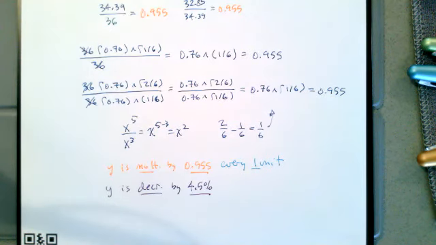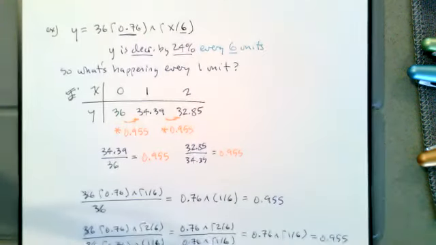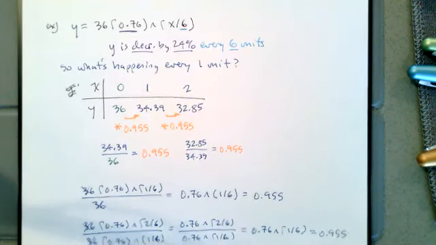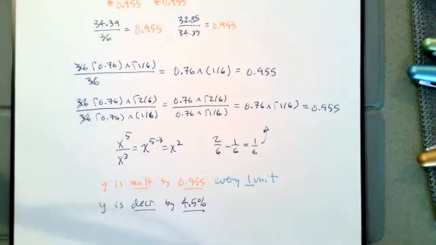It's slightly different than taking 24 and dividing it by 6. 24% every 6 units is not going to be 4% every 1 unit. It's going to be 4.5% every 1 unit.